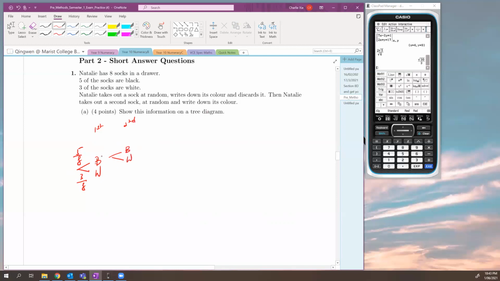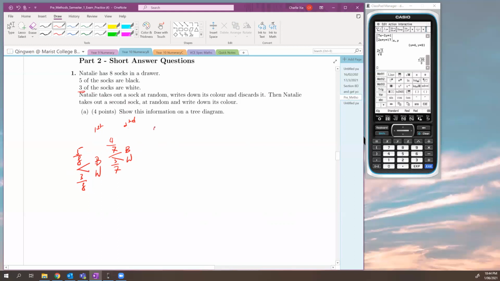Remember, we've already taken out 1 black, so it left us with 4 blacks. So 4 out of 7, right? And the other one has to be 1 take away 4 out of 7, which is 3 out of 7. Or you can think of it this way: the 3 white socks were not taken at all, so we still have 3 white socks out of the 7 socks.